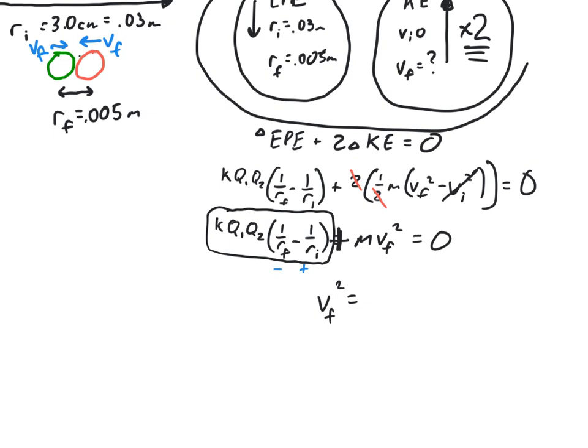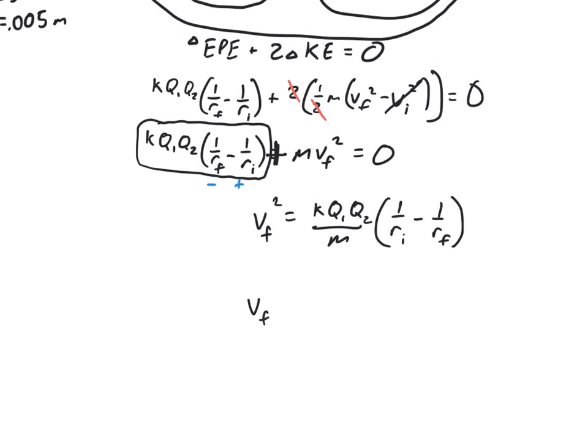So that'll be k q1 q2 times 1 over r initial minus 1 over r final, then divide by the mass so the v final is alone. There we go. Let's plug in some numerals.